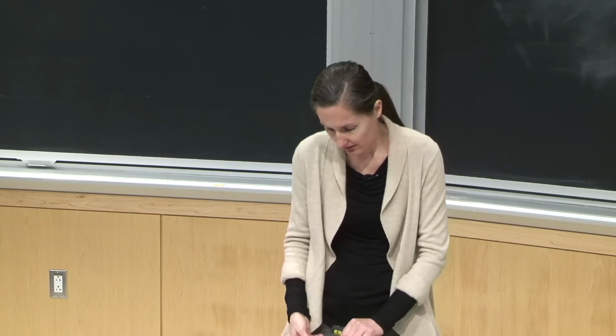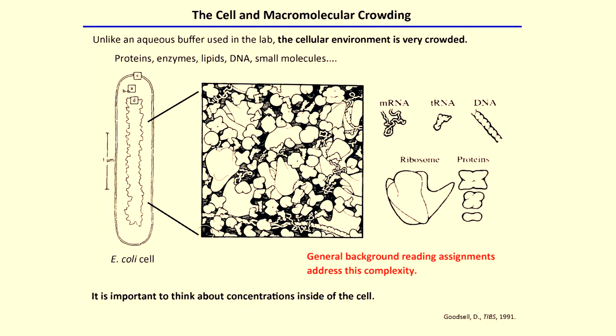Okay, so what about the cell and macromolecular crowding? Just to emphasize this point a bit more, here we have an E. coli. Okay, so E. coli are laboratory workhorses for biochemists. They're fascinating. I love E. coli.